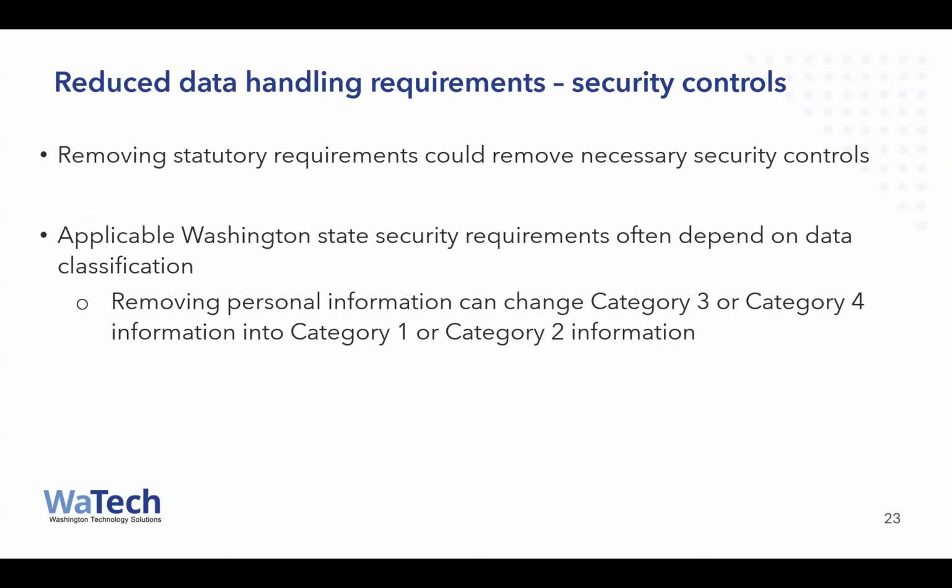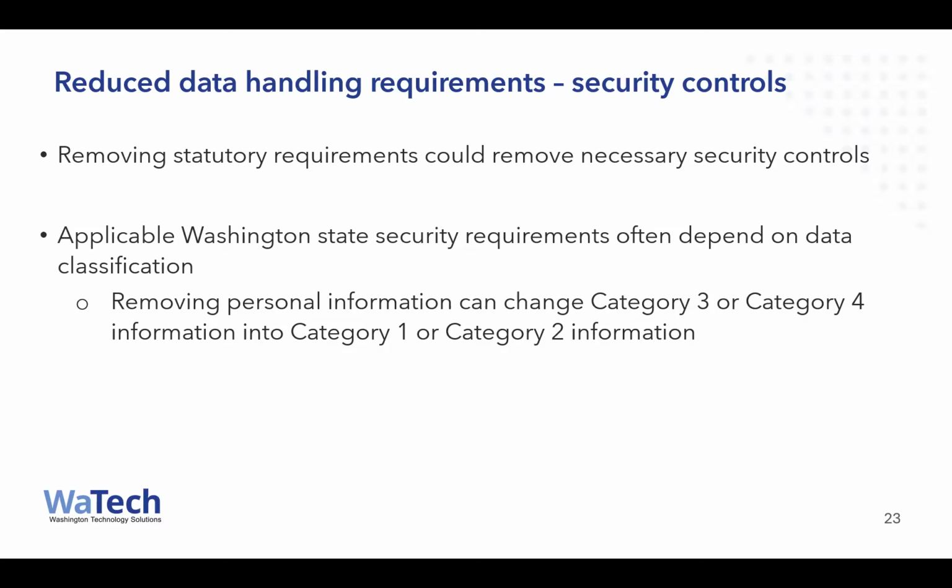This also, in addition to applying to what we can and can't do with the information from a data protection perspective, has implications from a security perspective. So a lot of those statutory compliance requirements also include security controls that may not apply if you don't have personal information.